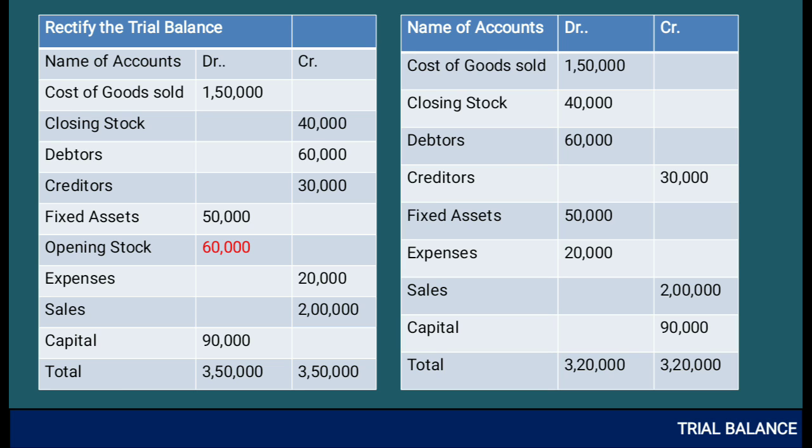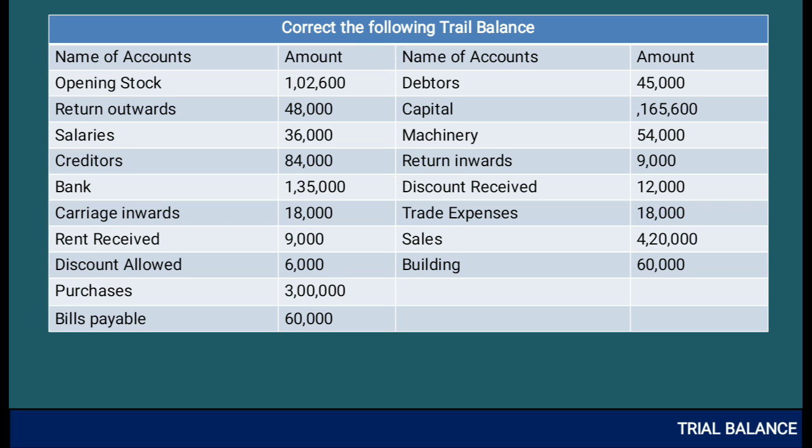So at the last, a very important question. Here in this question we have different accounts with different balancing figures, and on the basis of the given information we have to prepare our trial balance.